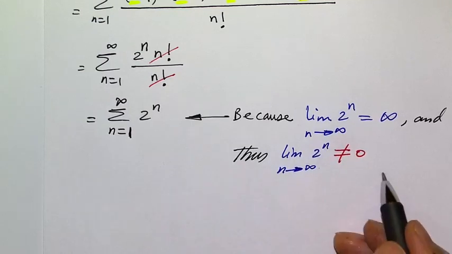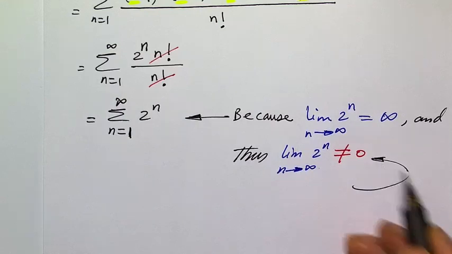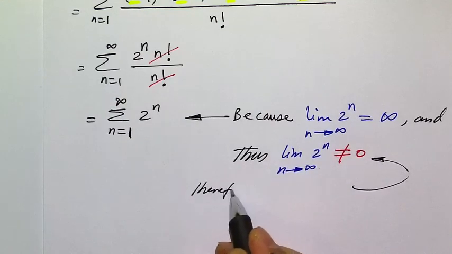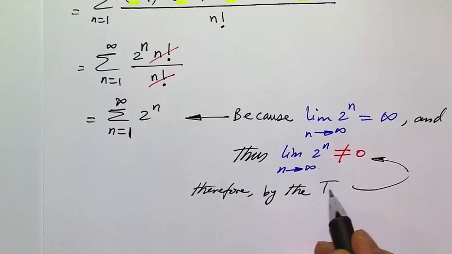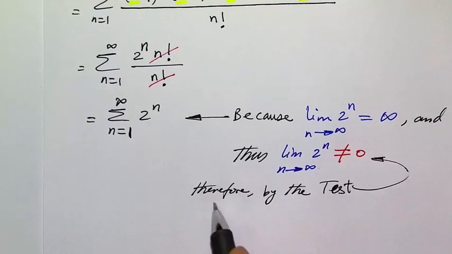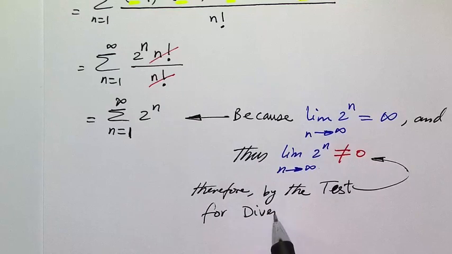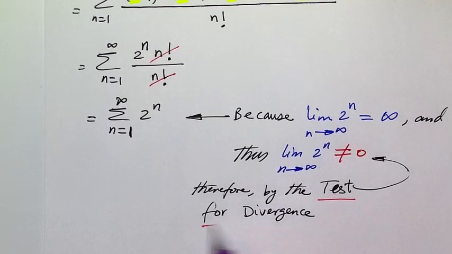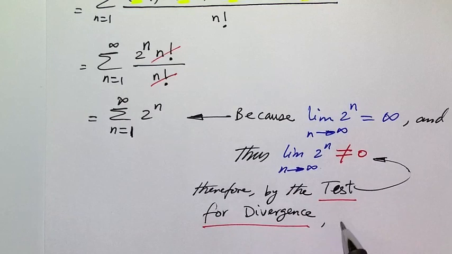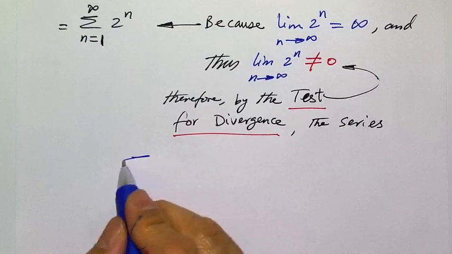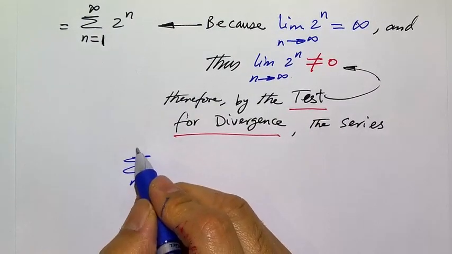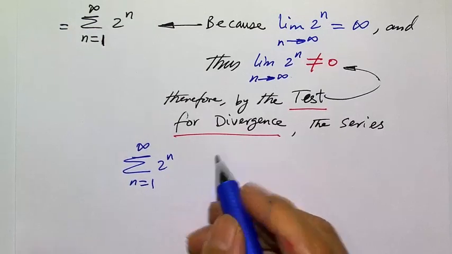So thus, by the test for divergence, the series 2 to the n diverges.